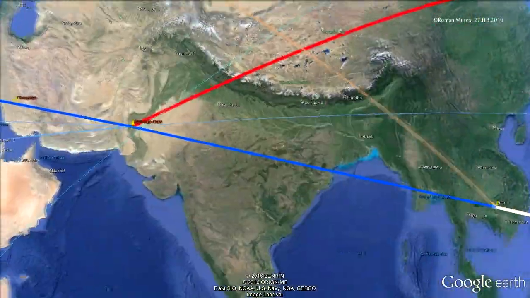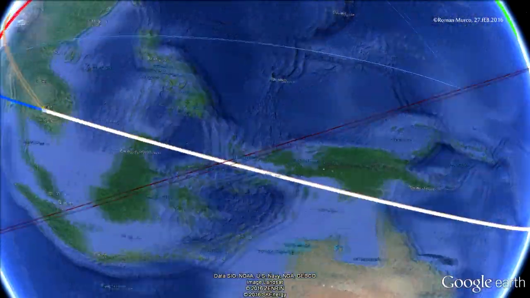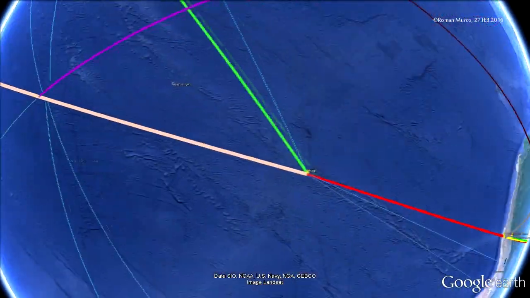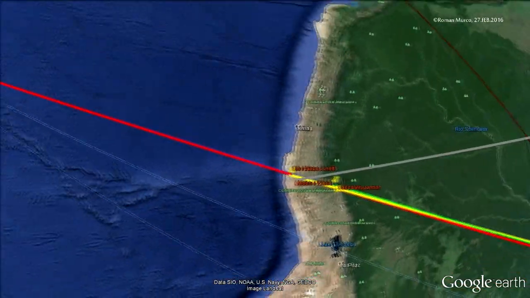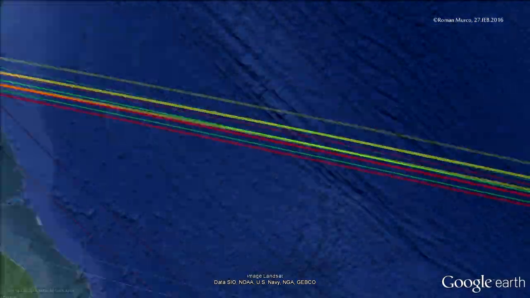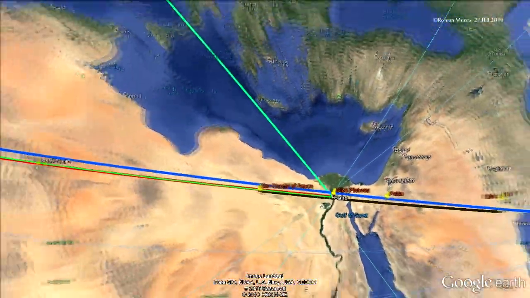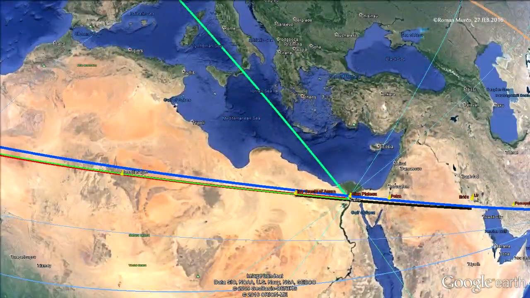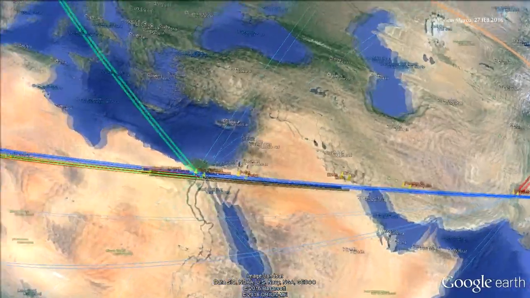Here we go to Angkor. Here we are crossing Easter Island to Nazca, Machu Picchu, Ollantaytambo, and we are going back to Giza. So this path is probably known to you.